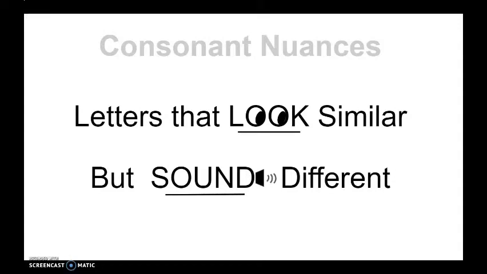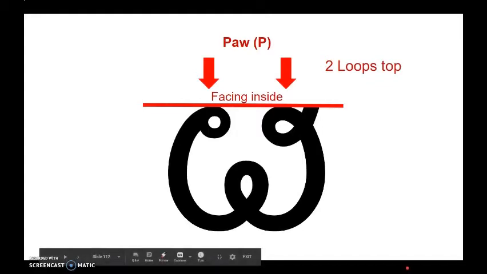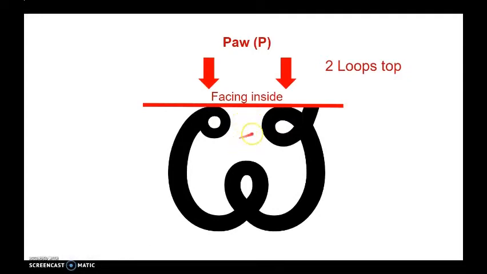The first letter that we learned was paw, and the nuance is that it has 2 loops that both point to the inside. That's your hint for paw, and it's even across the top. So this letter has 2 loops, and it's even across the top. That is paw.